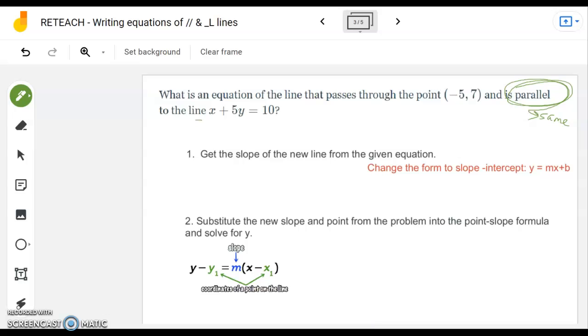So I'm going to subtract x from both sides. I get 5y equals -x plus 10. Then I'm going to divide by 5. And my y is going to equal -1/5 x, again with that 1 in front of the x, plus 2. So what do you think my new slope should be for number 1 here?